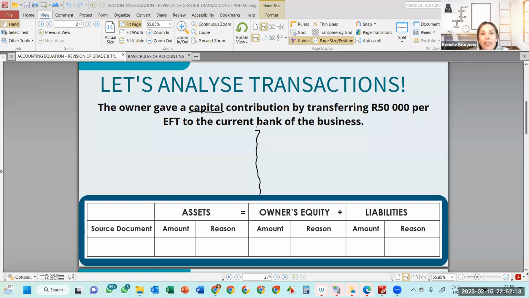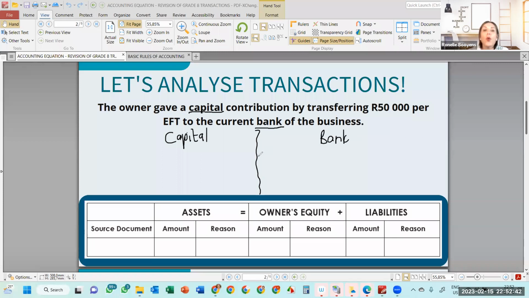And do you see that it says the current bank account of the business? So there's the other account. It doesn't matter where you write it down, you can quickly write it down for yourself. So we will write here, the one account that's affected is capital, and the other account that's affected is bank. All right, that was the first question.